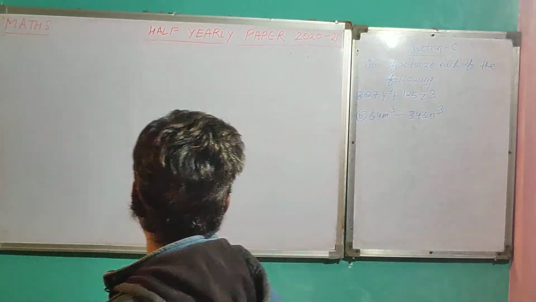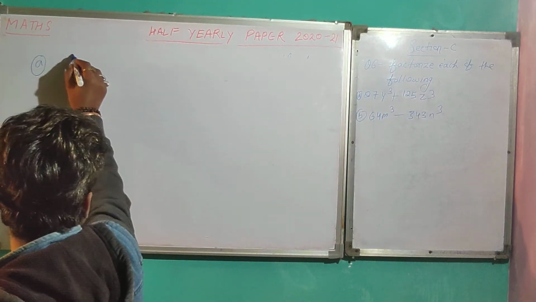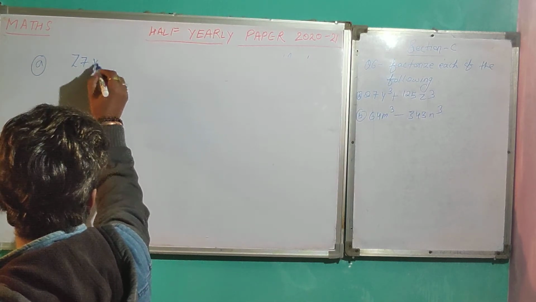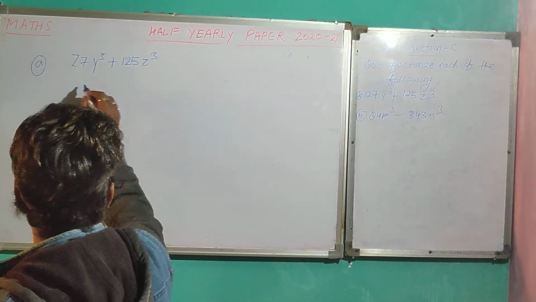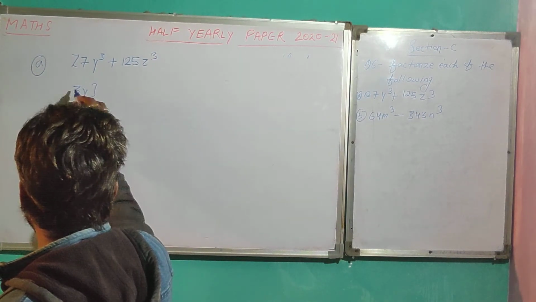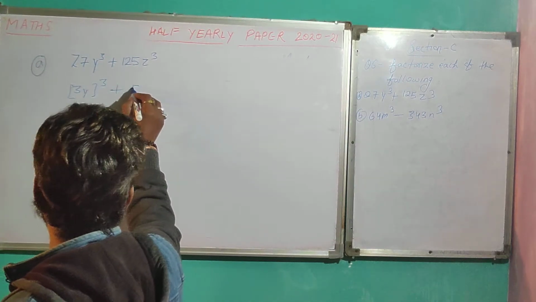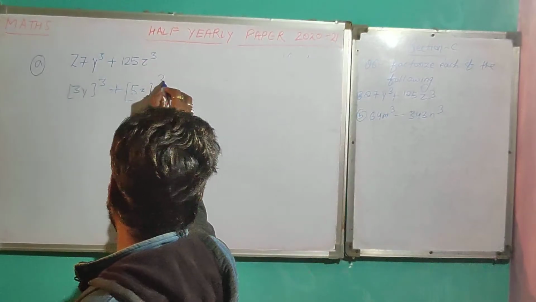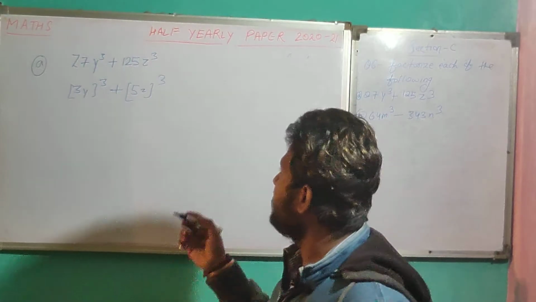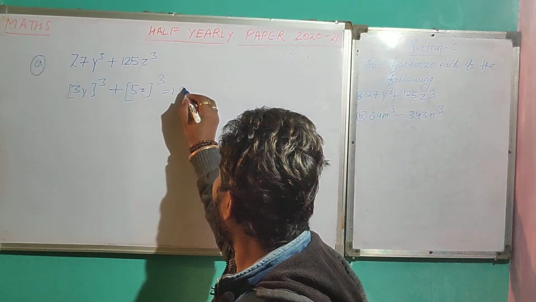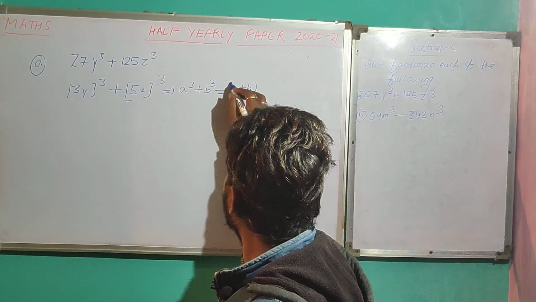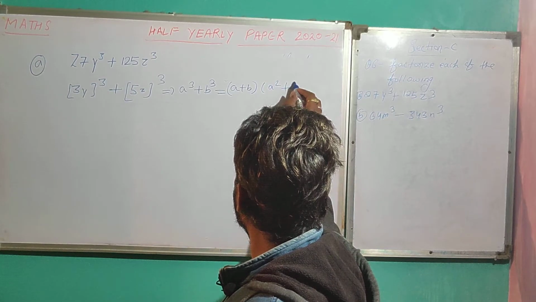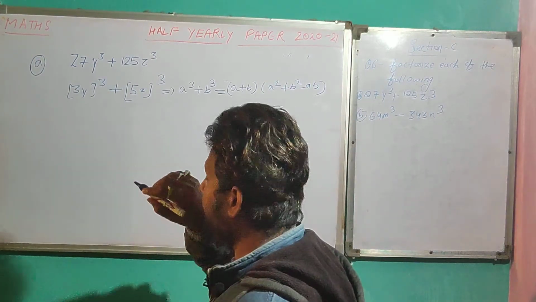Now first, 27y cube plus 125z cube. You can write this as (3y) cube plus (5z) cube. The cube of 3 is 27, the cube of 5 is 125. Now this is using the formula a cube plus b cube is equal to (a plus b) bracket a square plus b square minus ab.